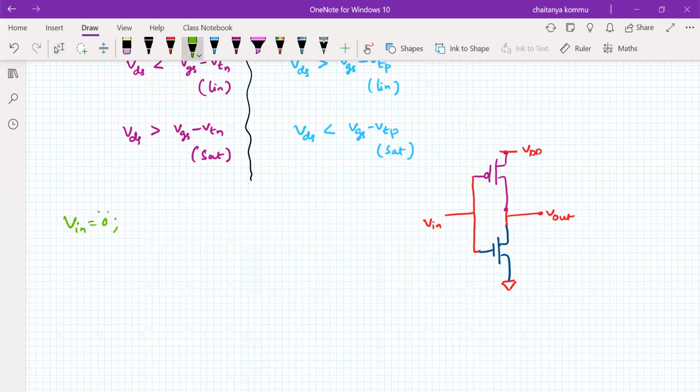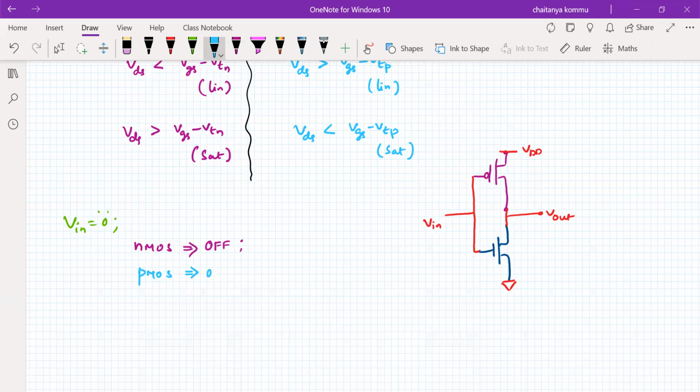What is the condition of the NMOS transistor? As everybody knows, the NMOS transistor becomes off. That's what we have studied previously. What about the PMOS?